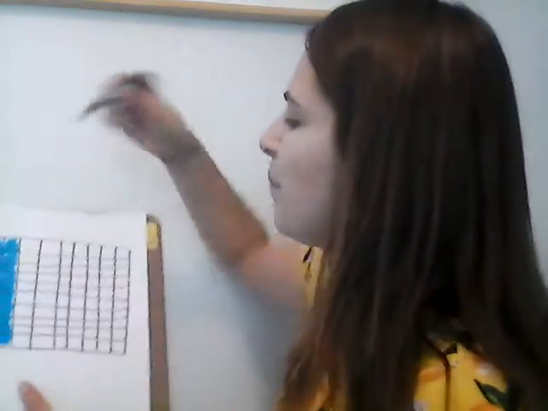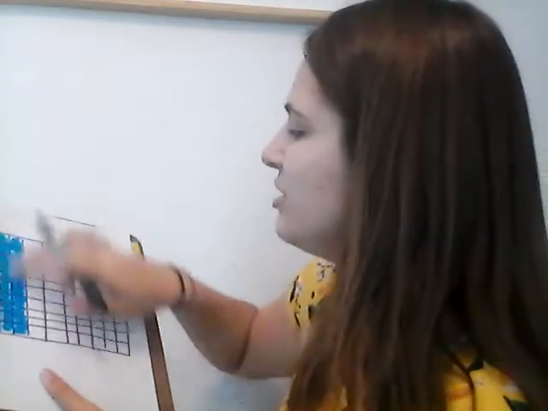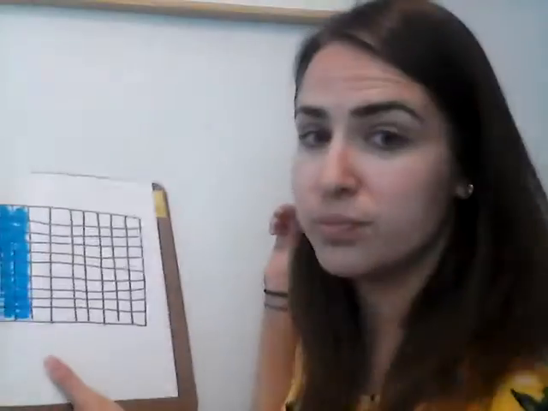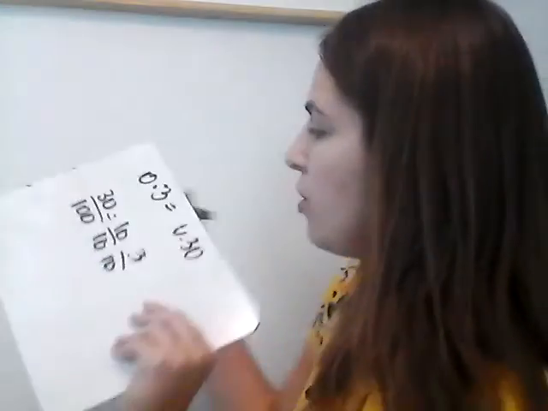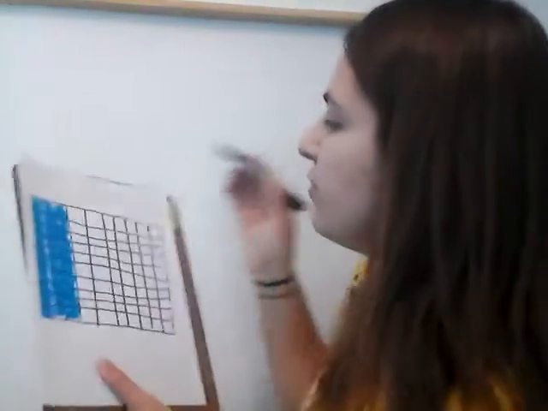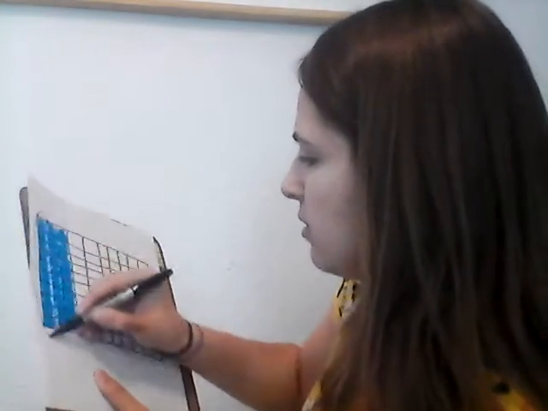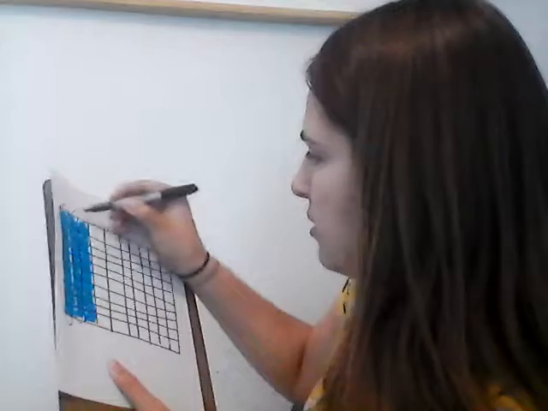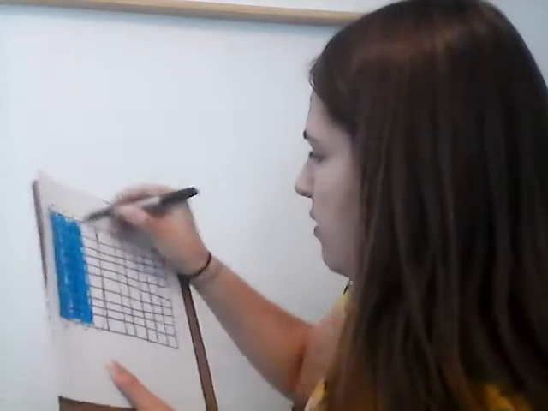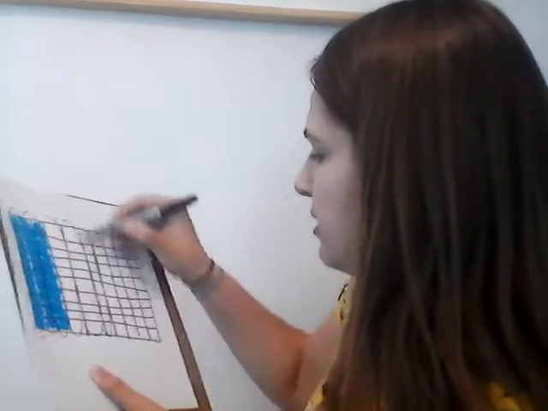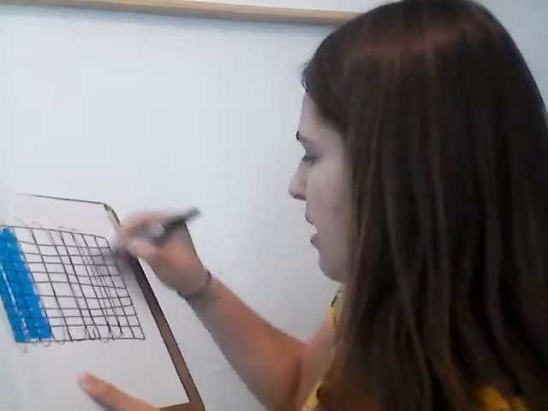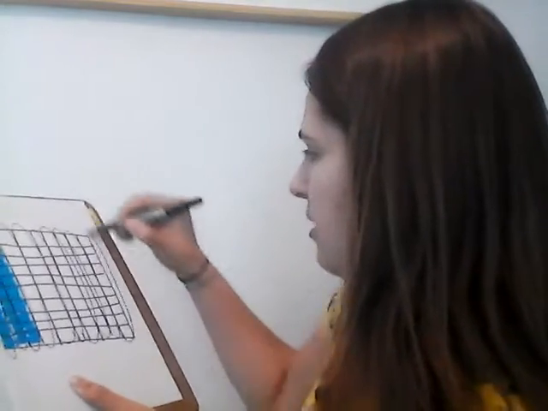Well, if you remember from Module 5, we would split into 10 groups, right? So we can show what we just did here on our visual model, making 1, 2, 3, 4, 5, 6, 7, 8, 9, 10 groups.